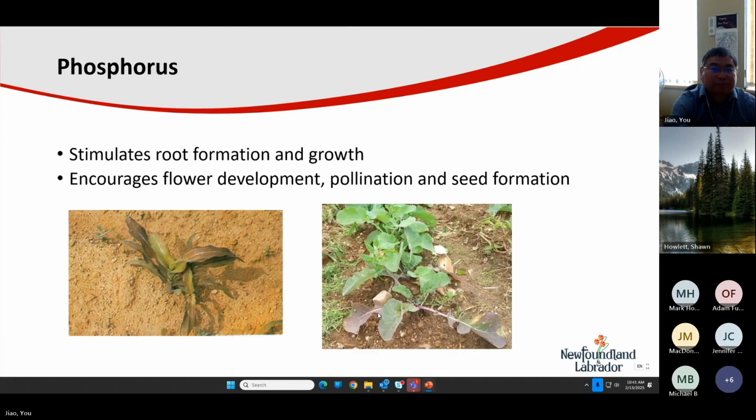Now alfalfa. Phosphorus stimulates root formation and growth, and encourages flower development, pollination, and seed formation.